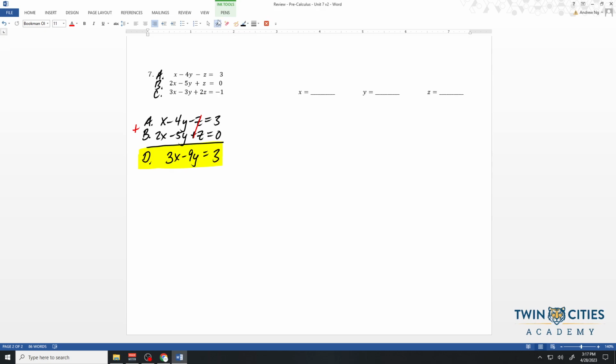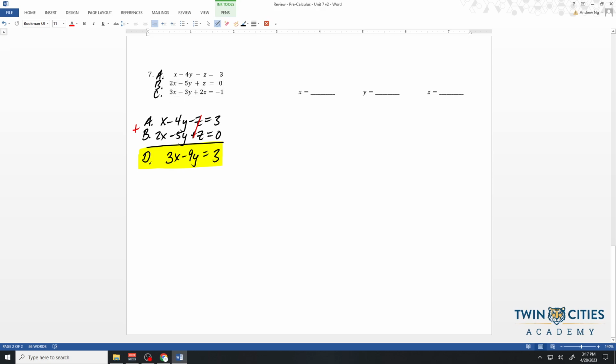Then what I want to do is pick a different combination of equations. So I've already used A and B. I can use A and C, or I can do B and C. Let's see, if I do B and C, I would have to multiply B by 2 to get 2z in order to subtract out the z's.